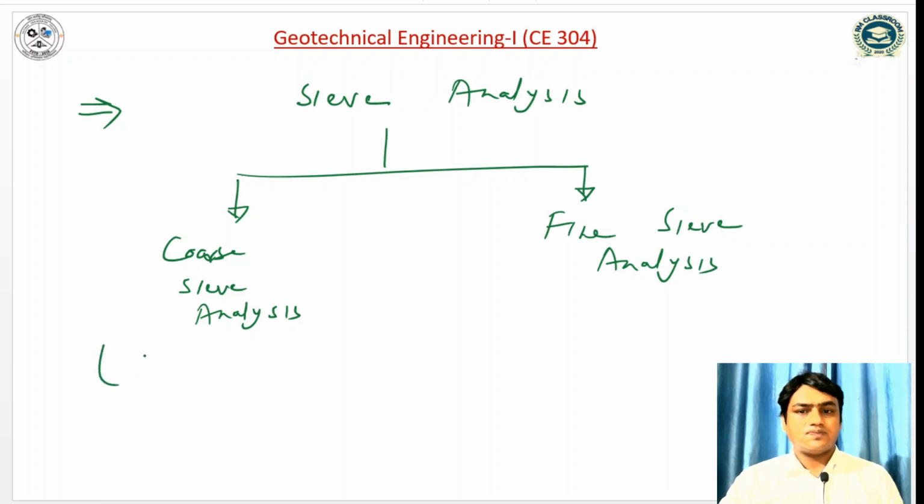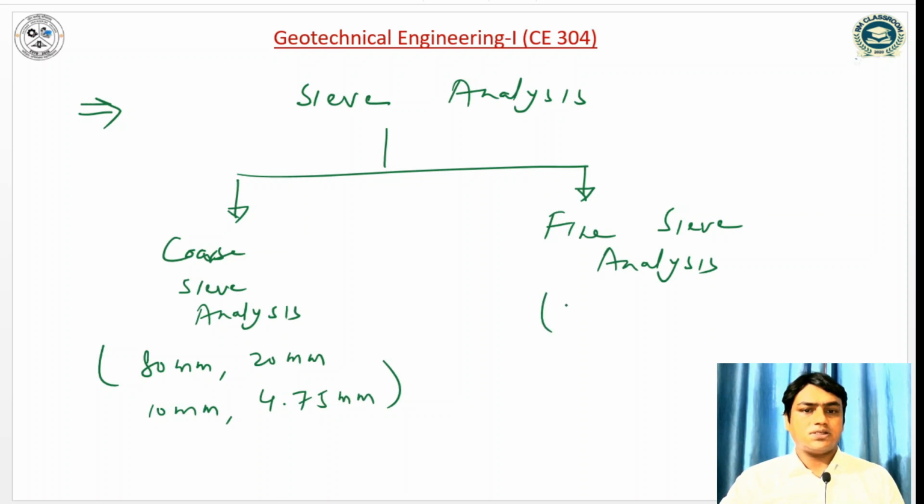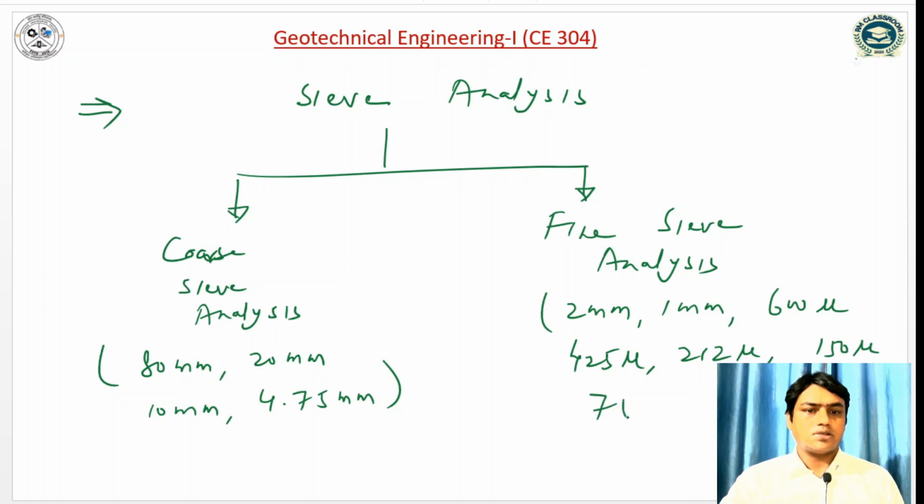In coarse sieve analysis, the sieve set is 80 mm, 20 mm, 10 mm, 4.75 mm. In fine sieve analysis, it is 2 mm, 1 mm, 600 micron, 425 micron, 212 micron, 150 micron, 75 micron. So these are the sieve sets used in the fine sieve analysis, and 80 mm, 20 mm, 10 mm and 4.75 mm is the sieve set of coarse sieve analysis.